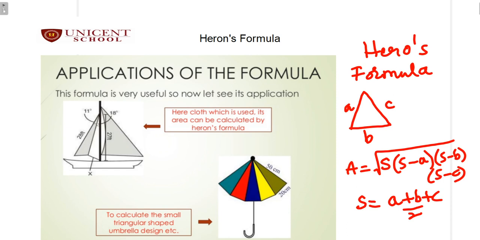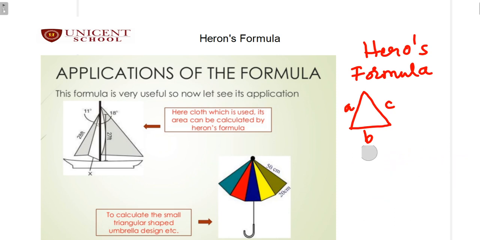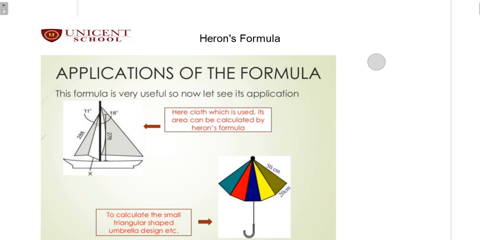Now what is its application? Heron's formula is used to find the quantity of cloth needed to make this shape for the boat, or here the umbrella, and we'll see a few more examples where Heron's formula is applied in our daily life. For example, we have a pattern or a design in stitching or an umbrella or anywhere.